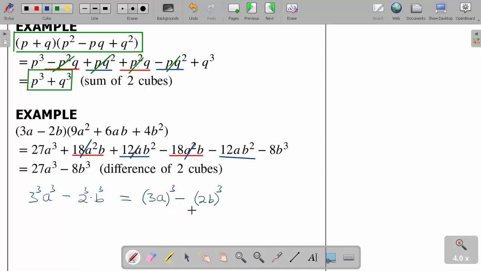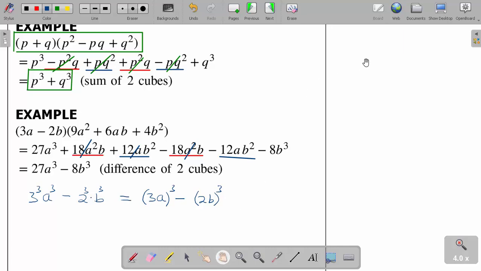Because this is a difference of two cubes, because of the minus, it gives me all what you see here on the first line. It must give me (3a minus 2b) into (9a squared plus 6ab plus 4b squared). Hope we are together. That was the difference of two cubes.